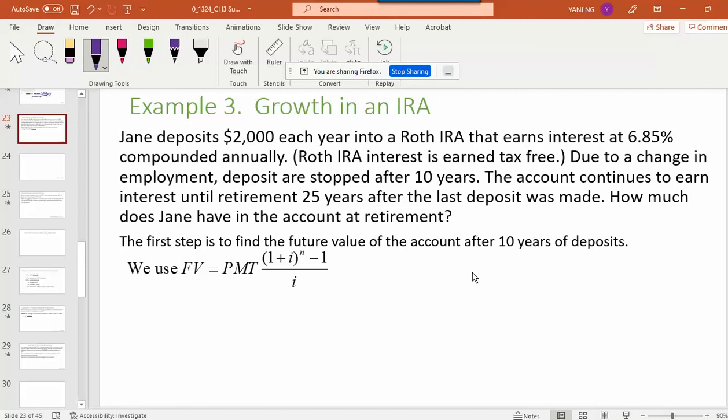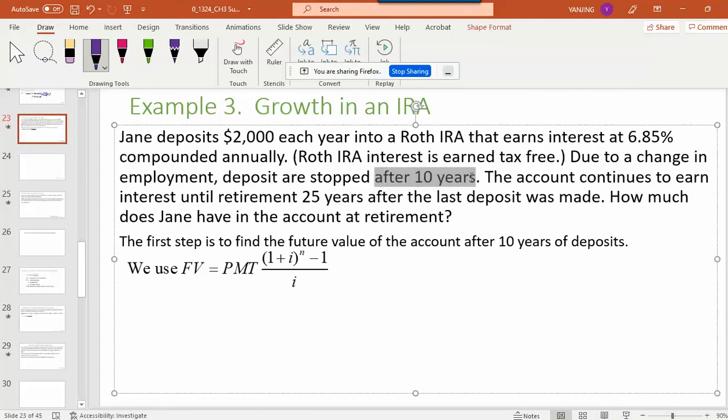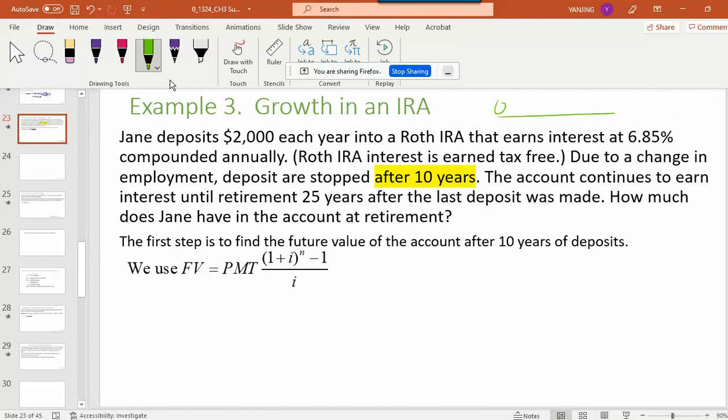All right, so this one is a little bit interesting. She only deposited into the Roth IRA for 10 years, but after 10 years, she didn't touch it. So what happened here? This actually has two different types of interest: the first from 0 to 10 years, and then from 10 years to 25 years.